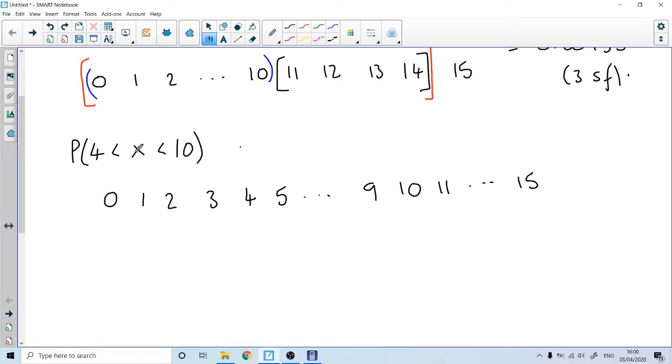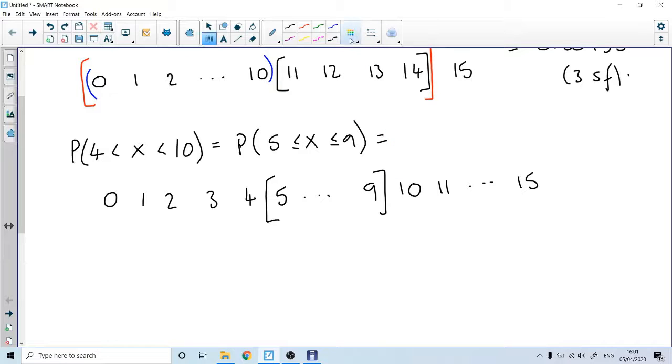We want x being greater than 4, so more than 4 successes, so we need to be 5 or higher. So we want to include 5, and we have to be less than 10, so we want 9 or fewer successes. So this is the same as saying we want the probability of x being greater than or equal to 5 and less than or equal to 9.